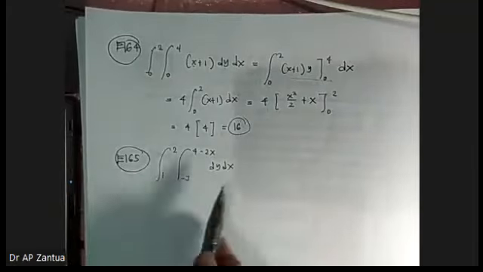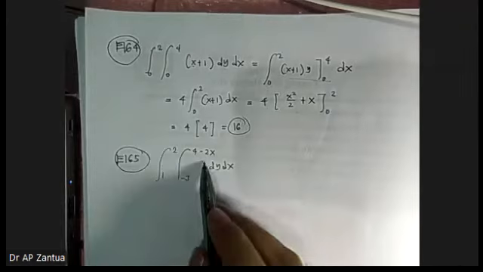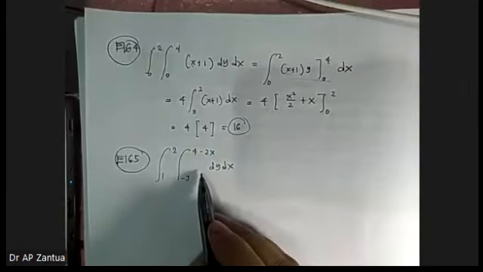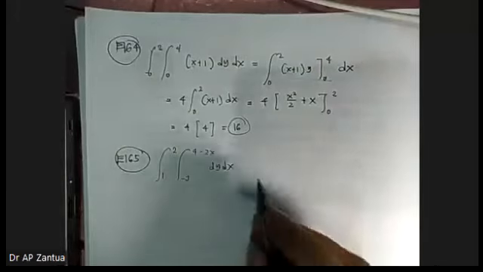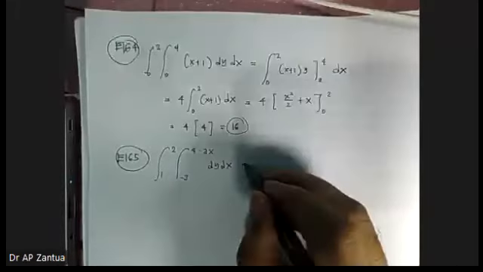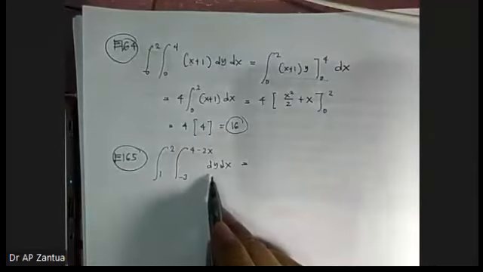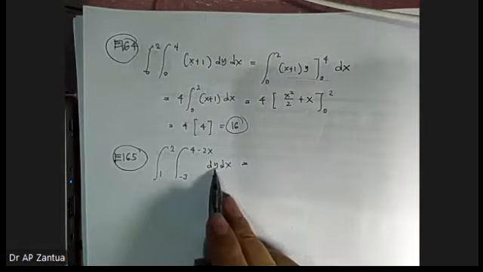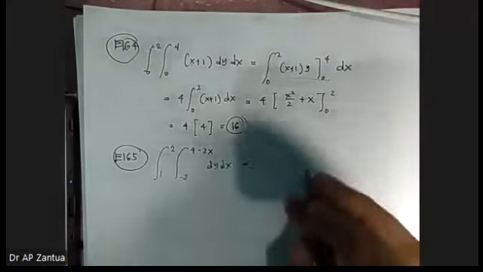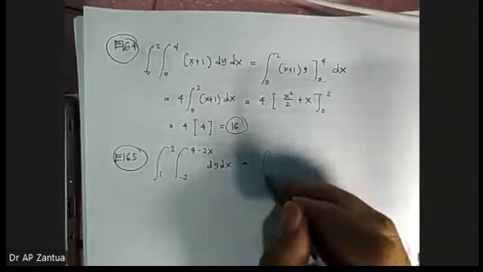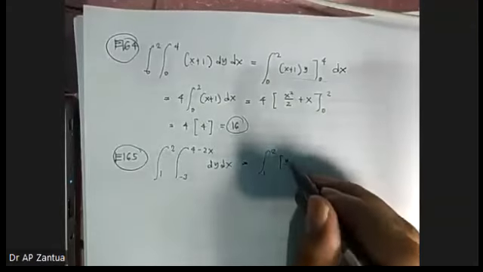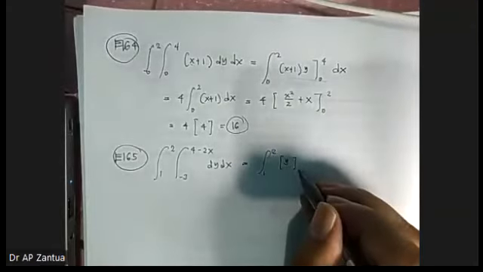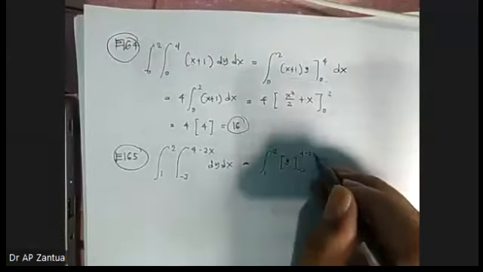And since there is no function, if there is no function, that means the function is 1. So we can immediately integrate it because the function is 1. What is the integral of 1? The variable itself, which is y. So we can write it down as y from negative 3 to 4 minus 2x.